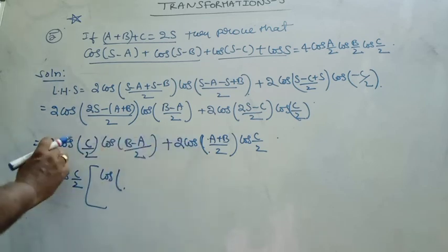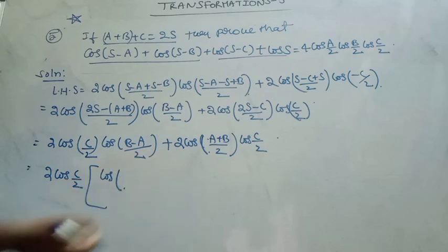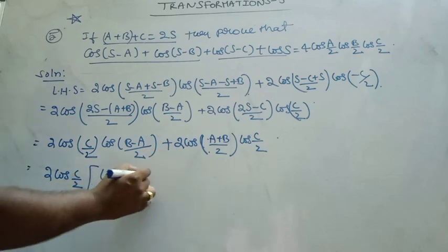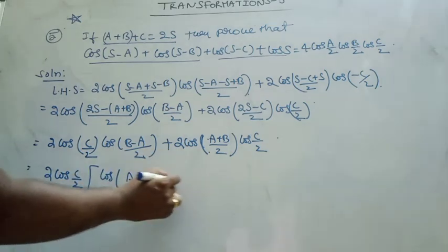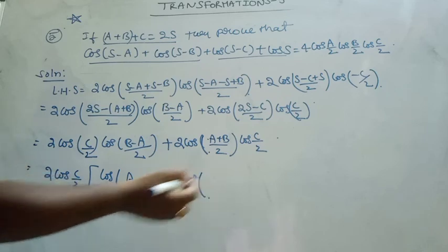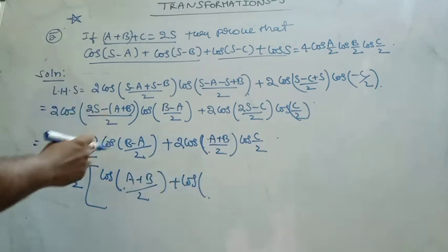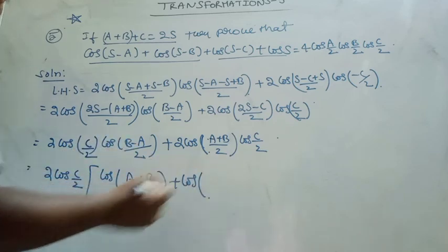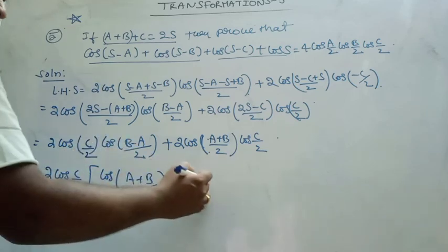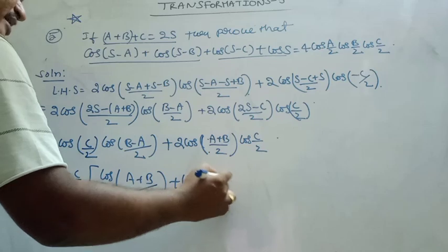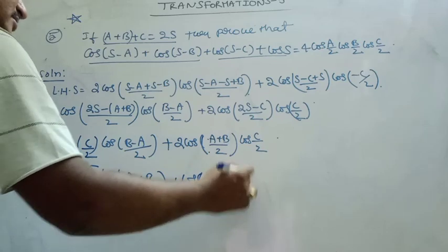Here also 2 cos c by 2 is taken common. You have got wonderfully cos of (a plus b)/2 plus cos of (b minus a)/2. There, if you take the common minus, then it becomes cos of (a minus b)/2.